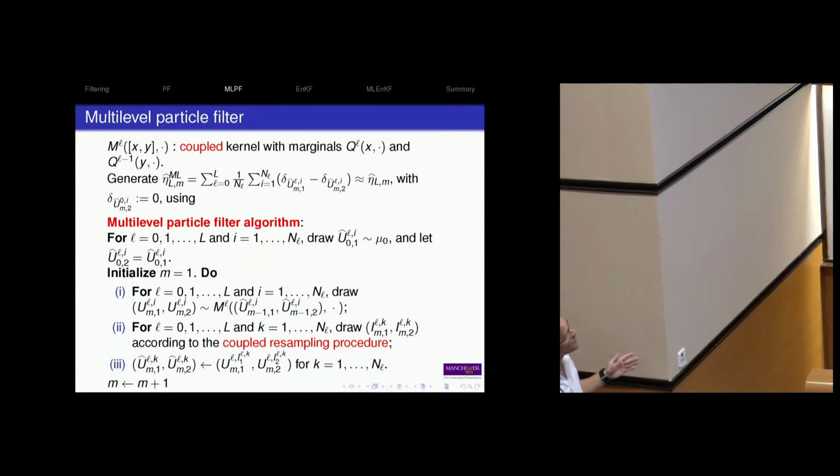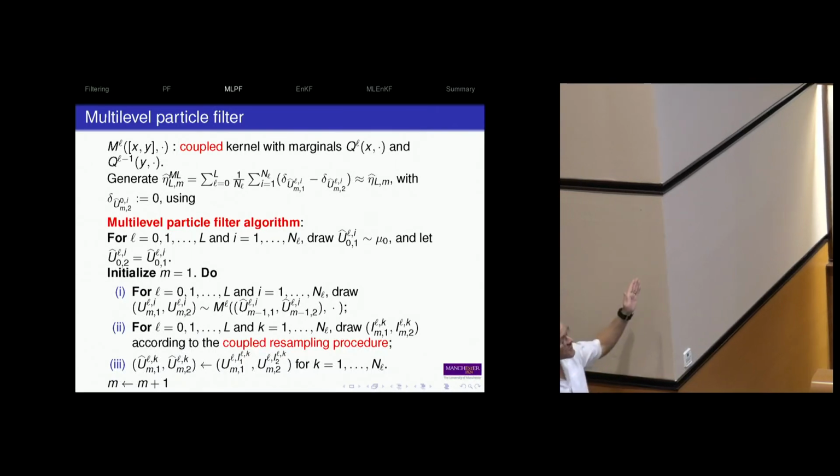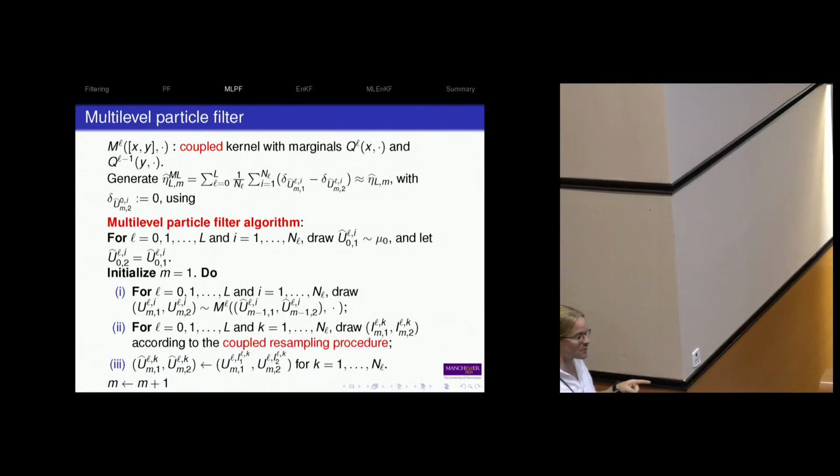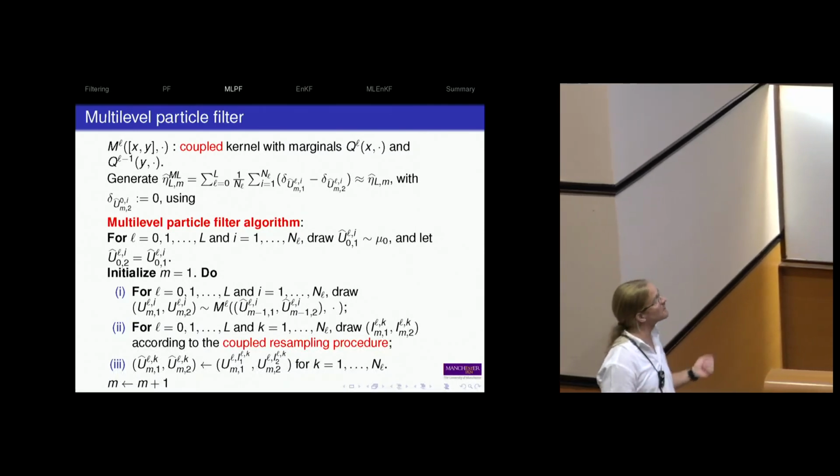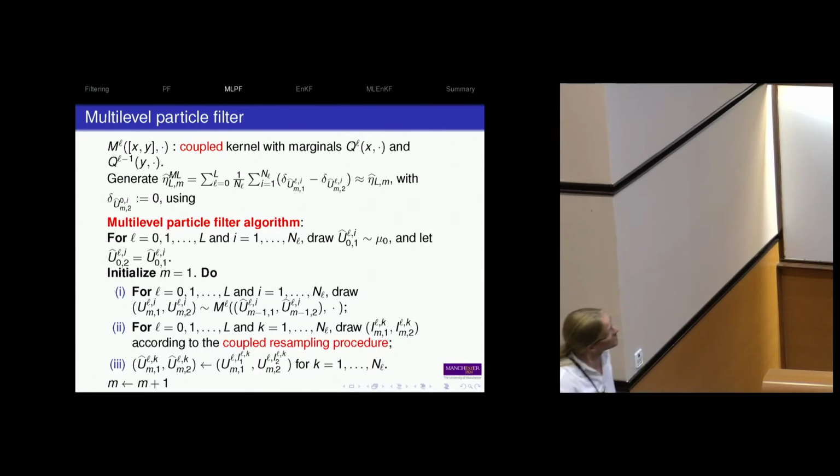You step through this Markov kernel, which we construct with coupled Wiener processes, so these guys are quite coupled still, but now we're going to want to resample. And if we just did independent resampling, then we would completely botch up the coupling. And so we're going to do that in a sensible way.